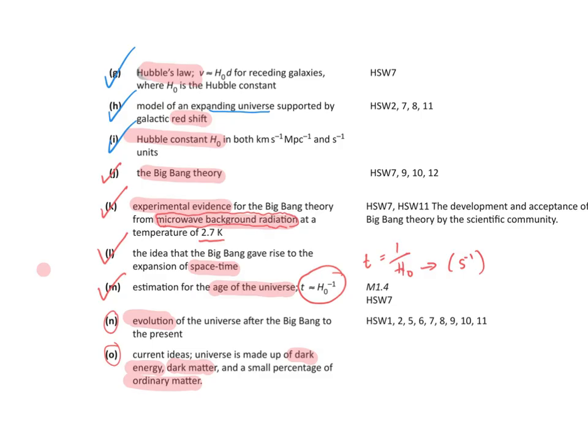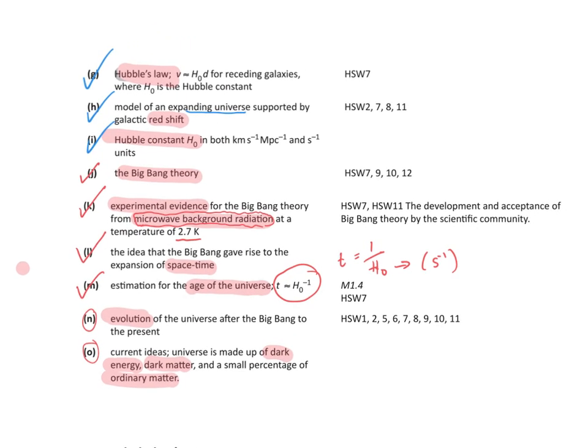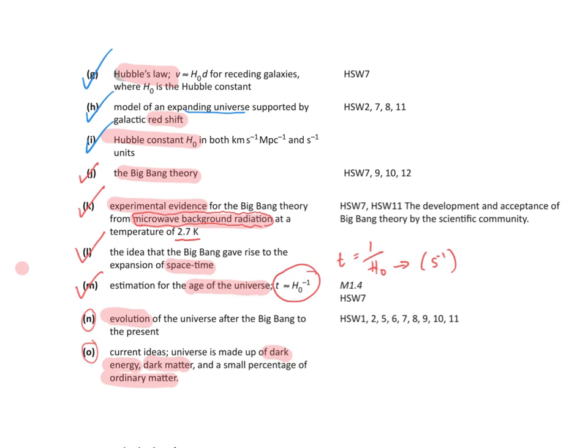So we have looked at the evolution of the universe after the Big Bang to the present time. You just need to know the order of things that happen and roughly around the time that they happened. And we looked at how the universe can be made of dark energy and dark matter, the reason behind them, why we are assuming dark energy and dark matter.